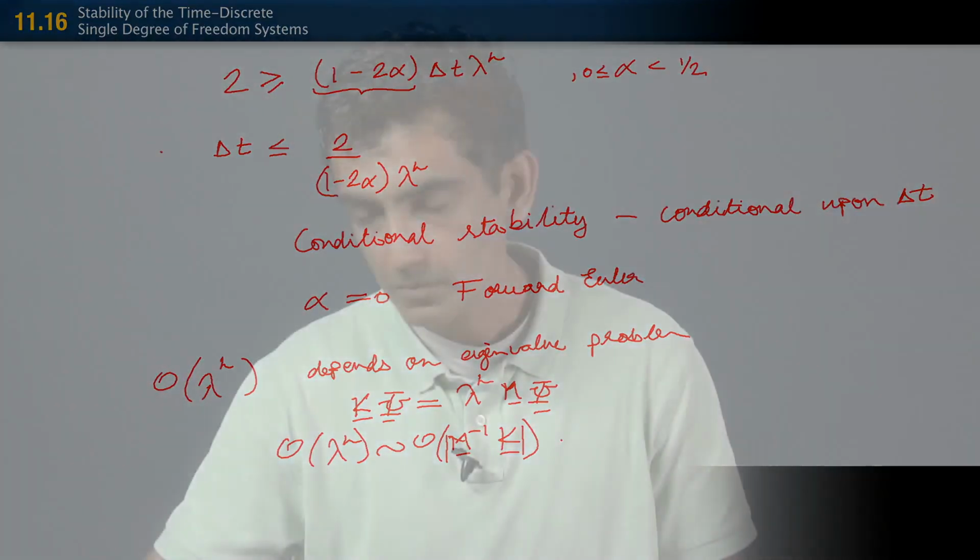All right. Now, I want us to think about how do m and k depend upon the element size, right? Because these, after all, are obtained by the spatial discretization. So, recall, M is of the order integral over omega e, and then we have the assembly over e.